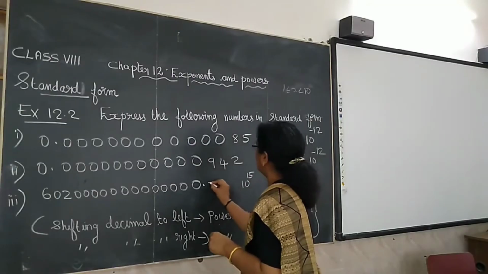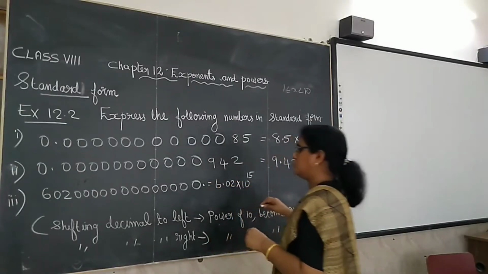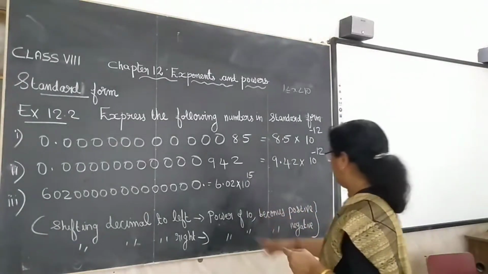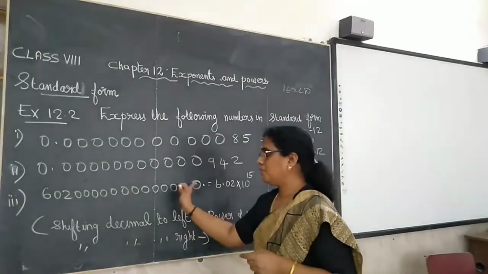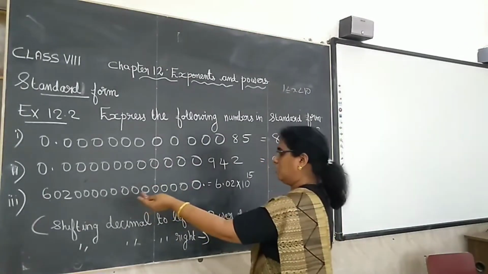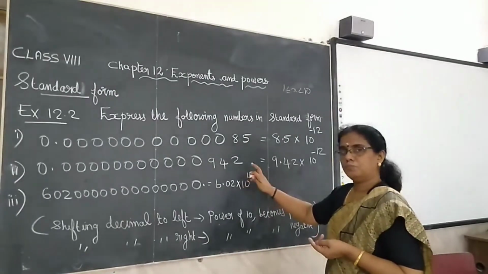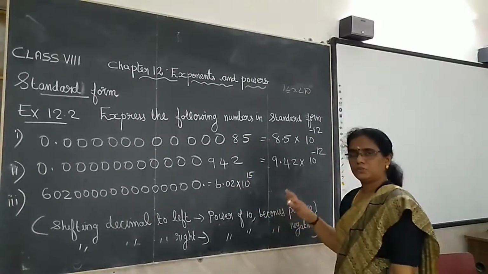Now 6.02. Since you are shifting the decimal to the left side, the power becomes positive. Here no negative, positive. Therefore 6.02 multiplied by 10 raised to 50.